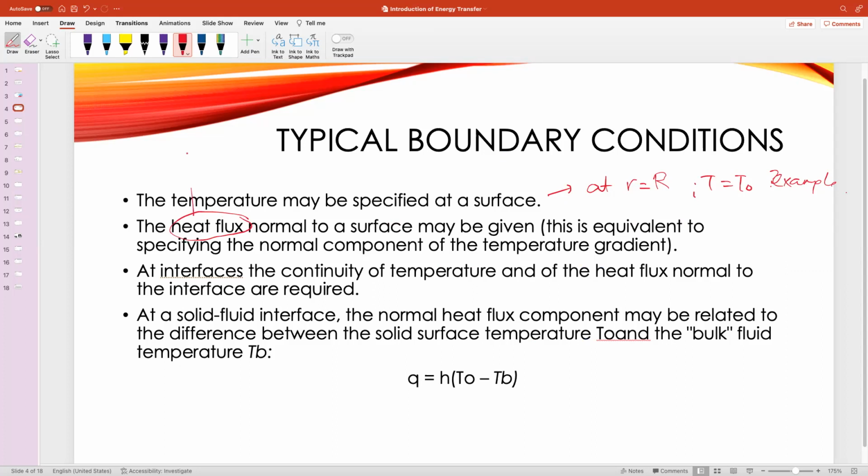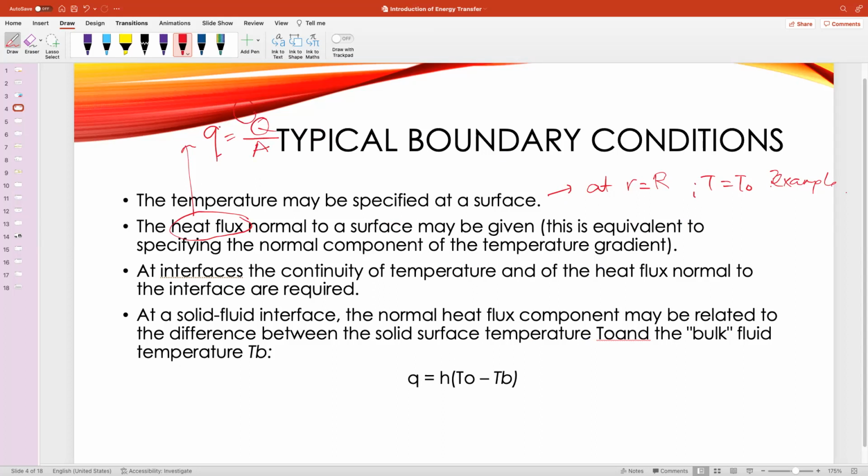Heat flux is the rate of heat, or Q, divided by the area.